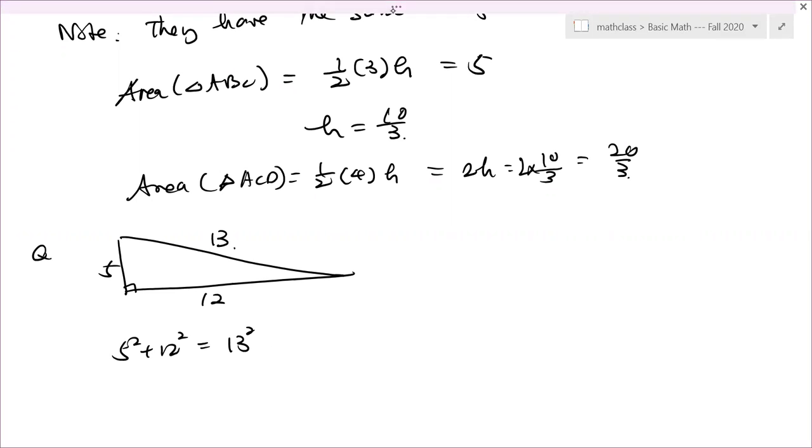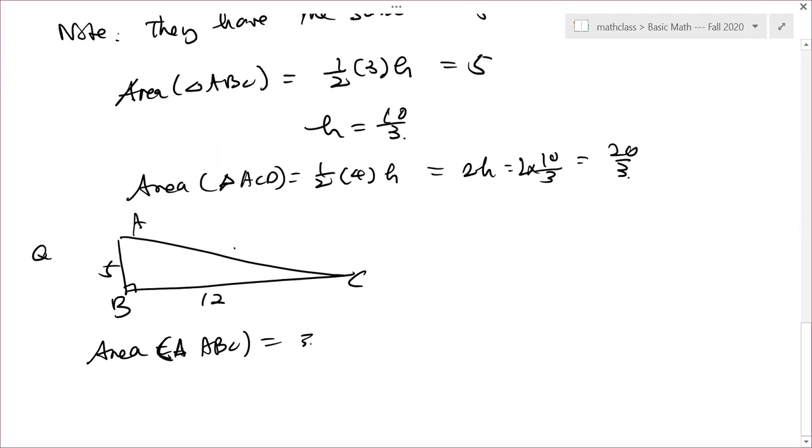We don't need to mention the Pythagorean theorem at this moment. I just said this is a right triangle. What is the area? The area of triangle ABC is half of base times height, which is 6 times 5, 30.